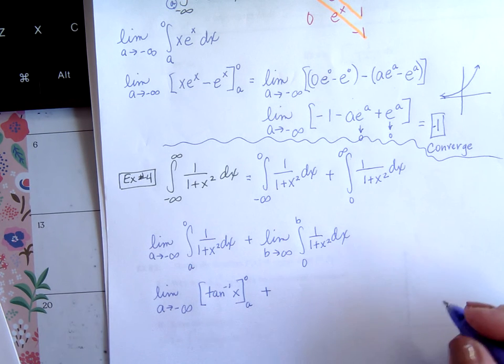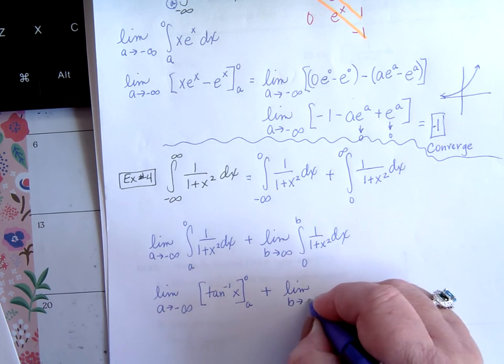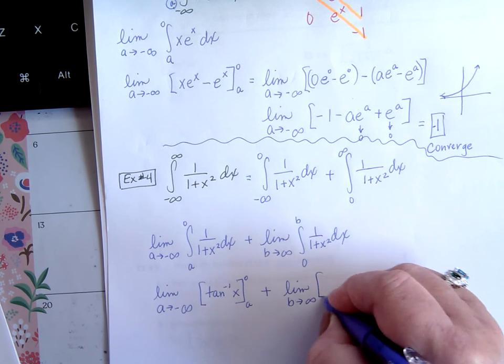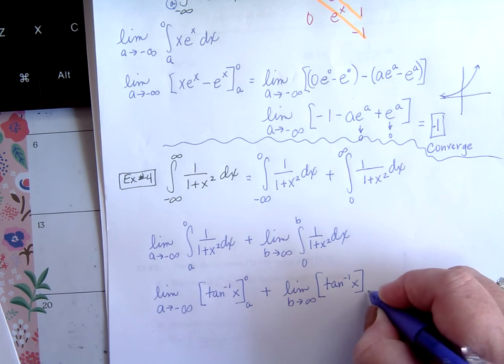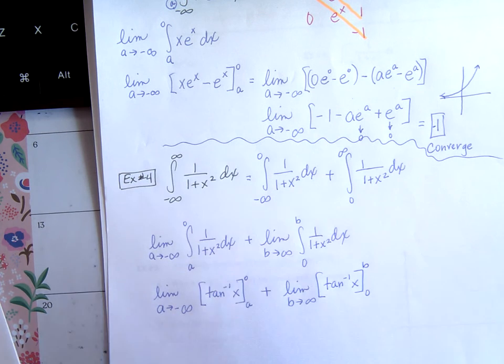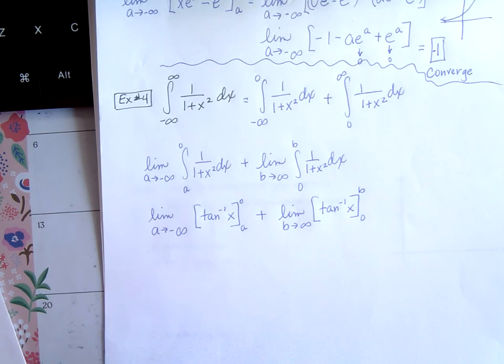So I've got the limit as b approaches infinity for the inverse tangent going from 0 to b. All right, let's do f of b minus f of a for each of these.